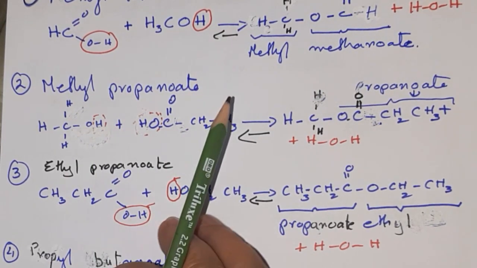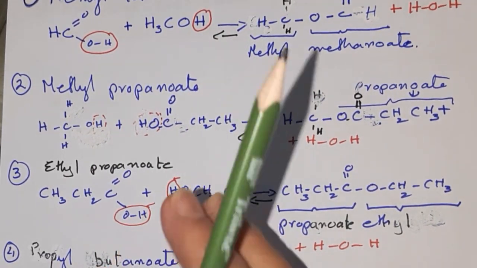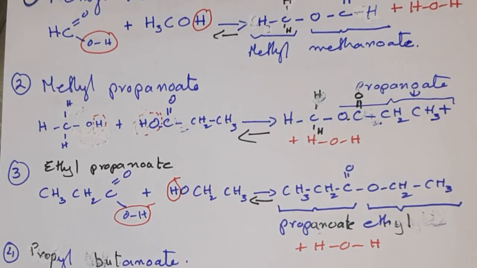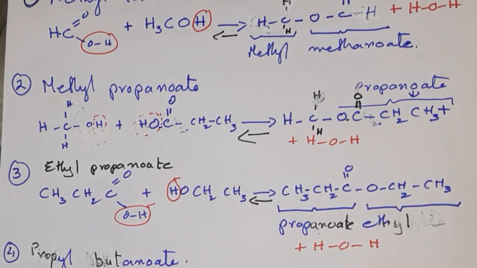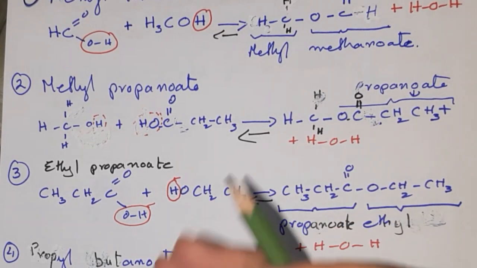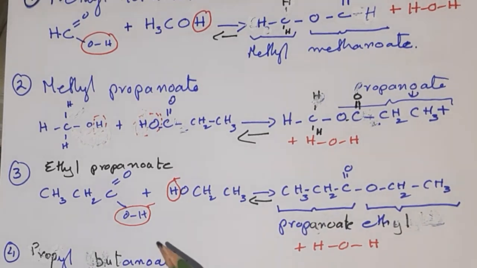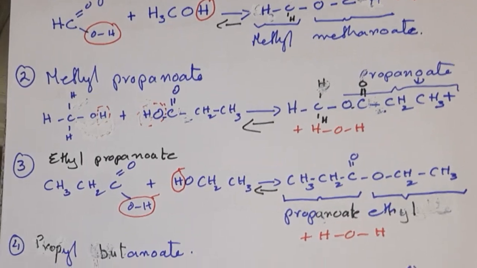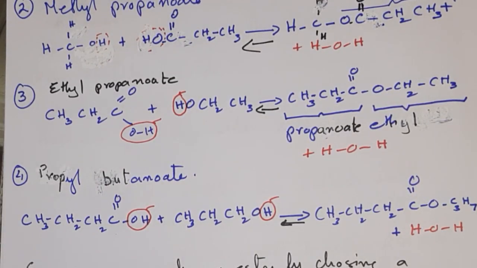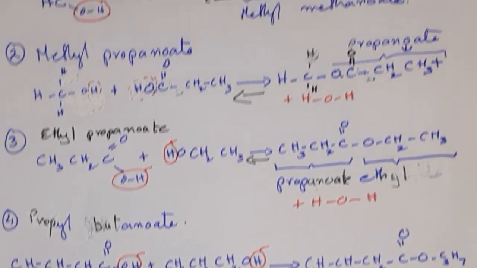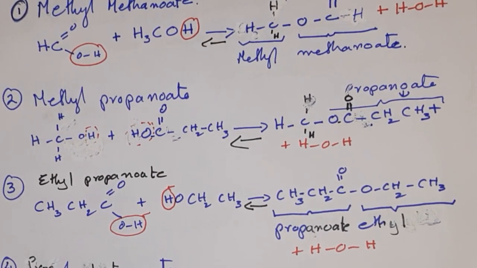In your course there are 4 carbons in series: methanol, ethanol, propanol, butanol, and in the same way methanoic, ethanoic, propanoic and butanoic. So an ester can be made by choosing a carboxylic acid and alcohol and adding a few drops of concentrated acid. So you can choose any one of it.